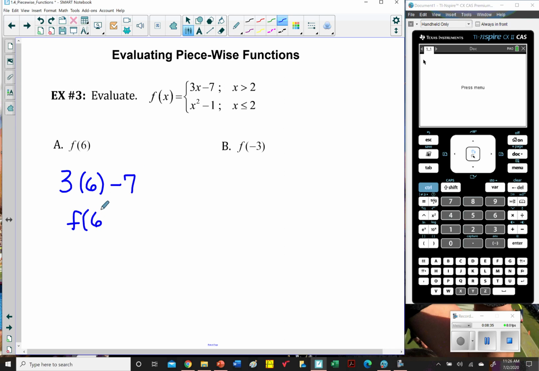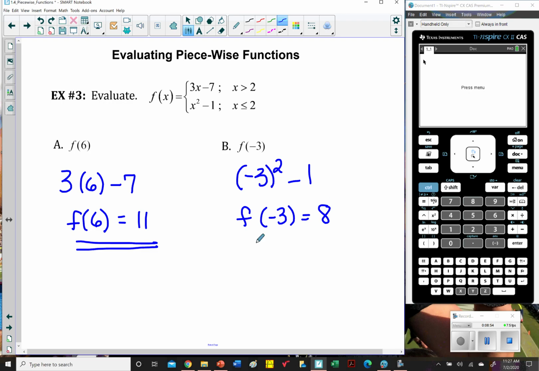On part A, I used the top equation, 3x minus 7, and got the f of 6 is 11. On the B portion, I used the bottom expression, -3 squared minus 1, so the f of -3 is +8. Hopefully you got those same answers.